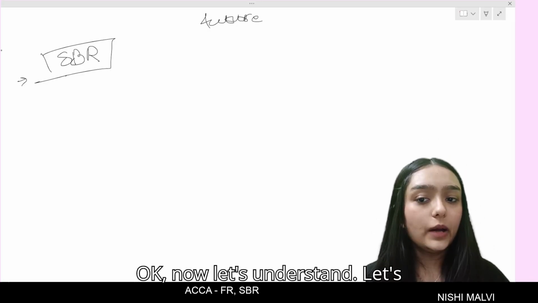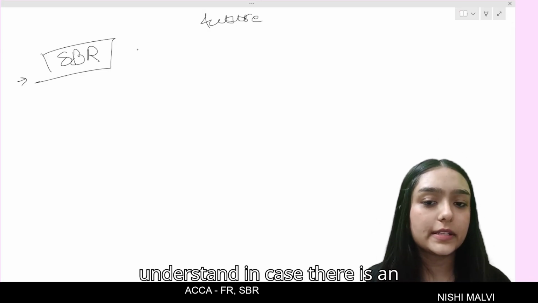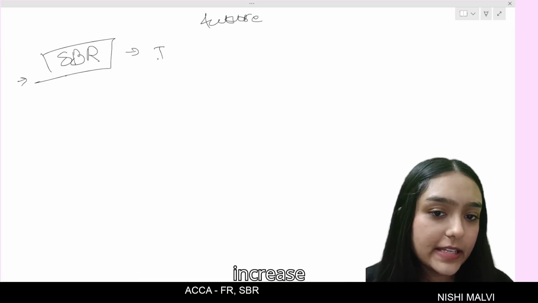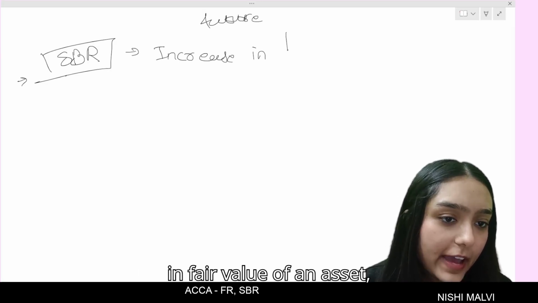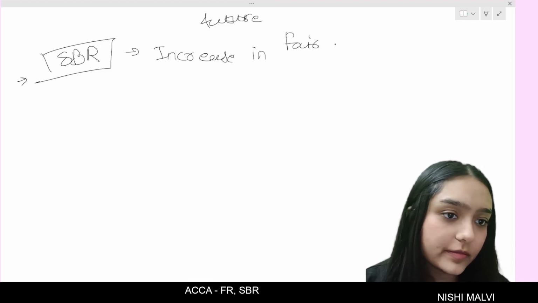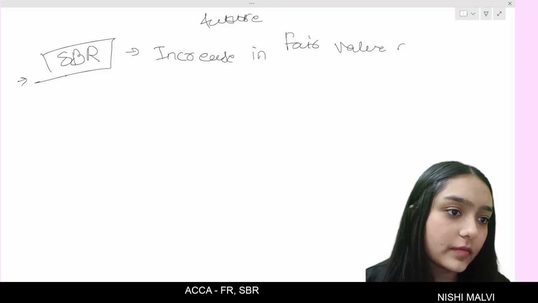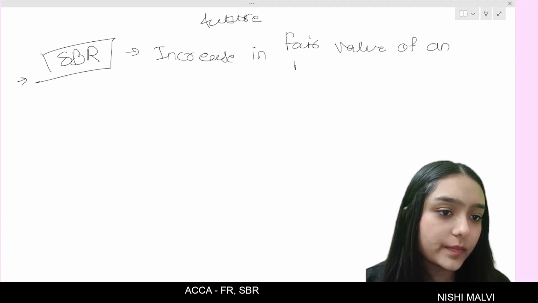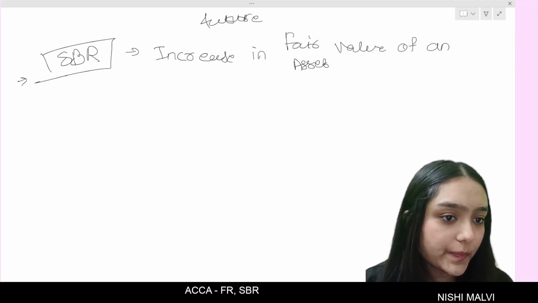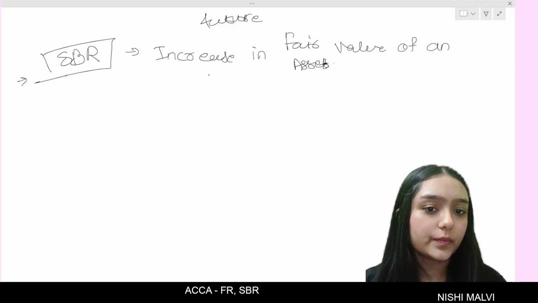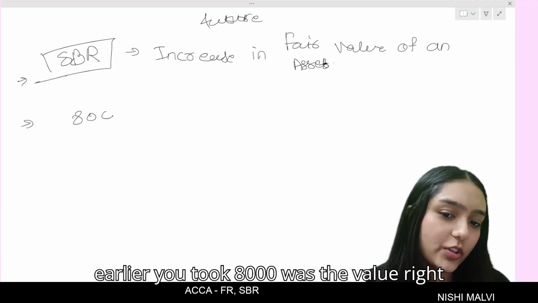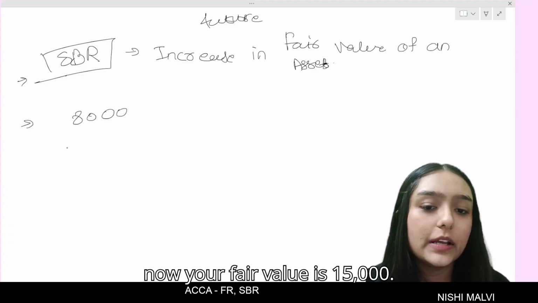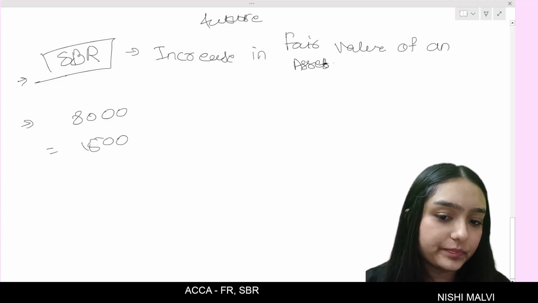Okay, now let's understand in case there is an increase in fair value of an asset, which means, suppose your fair value earlier you took 8,000 was the value, right? Now your fair value is 15,000.